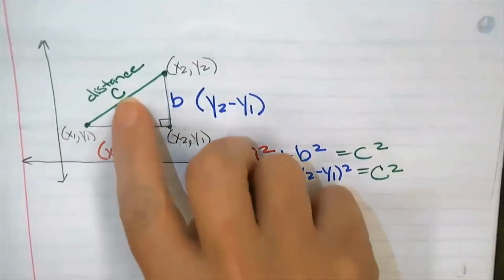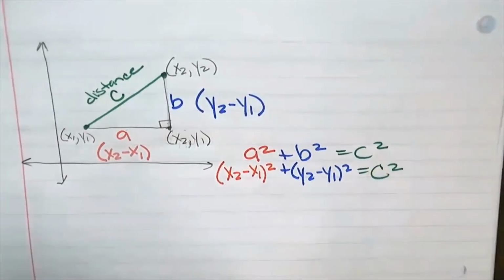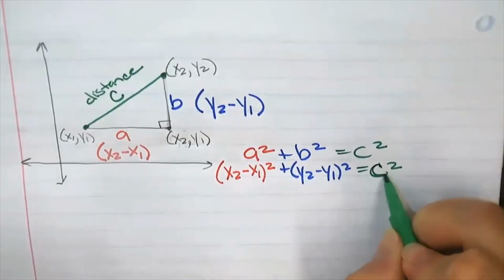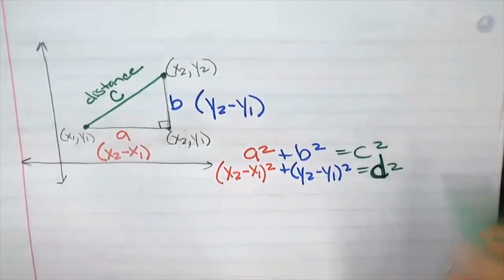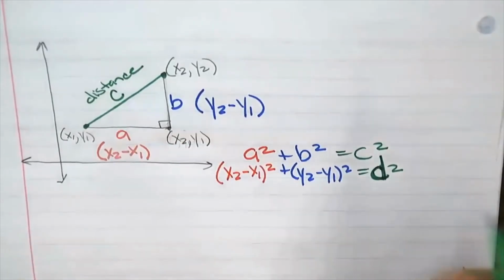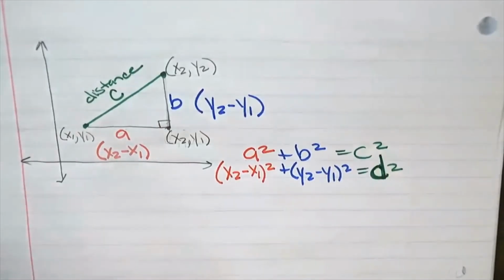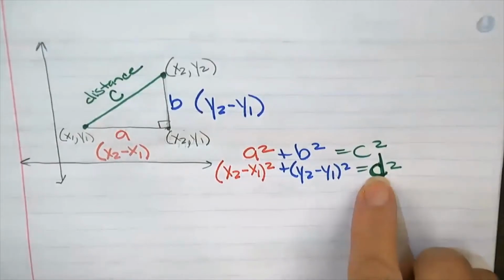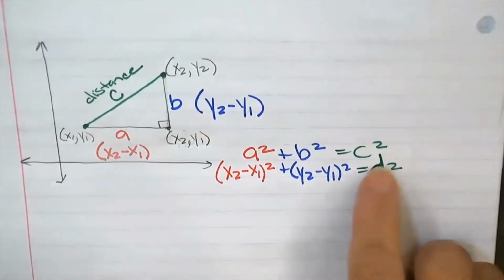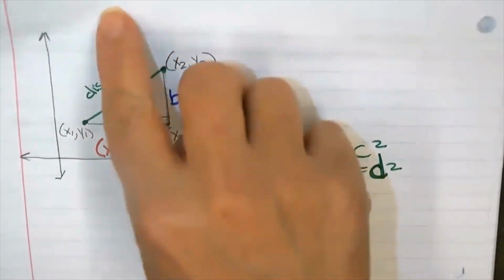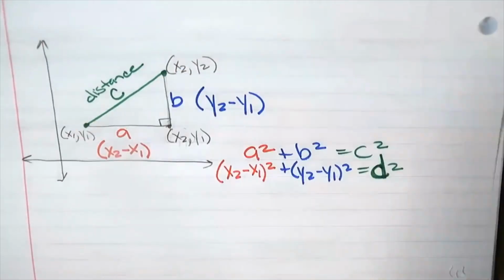We're going to relabel this C as D, because we want the distance. So we're relabeling that C to D to represent distance. But I don't want D squared. I want only one of these lengths. I don't want the whole square. I just want the length.